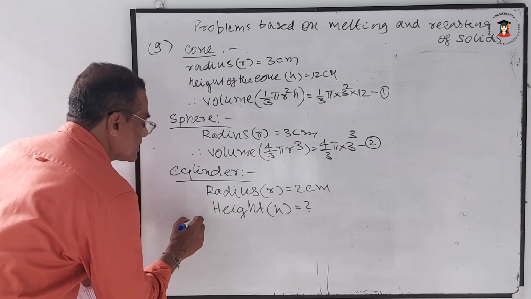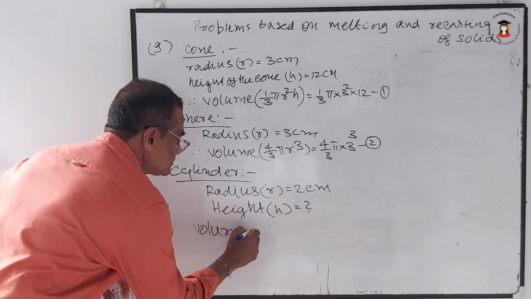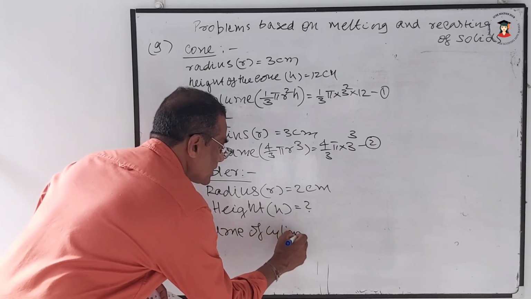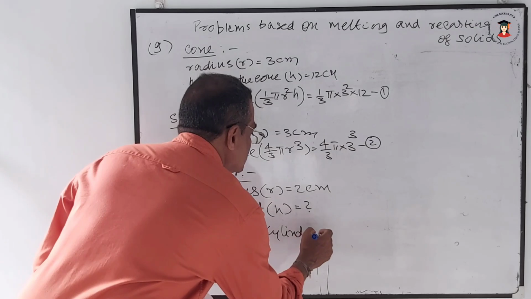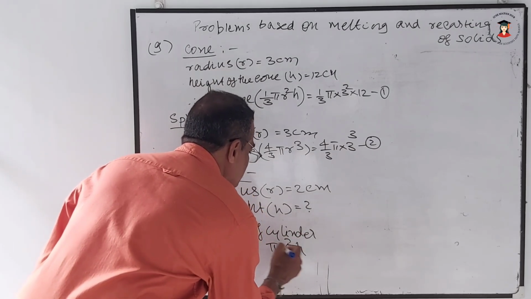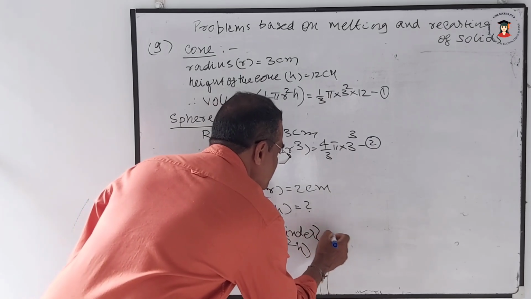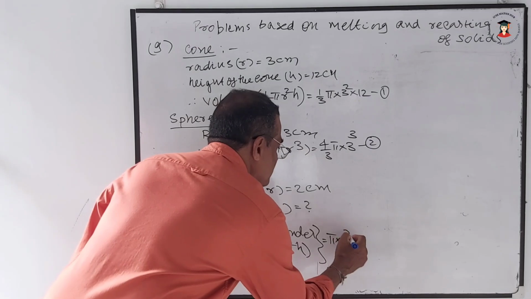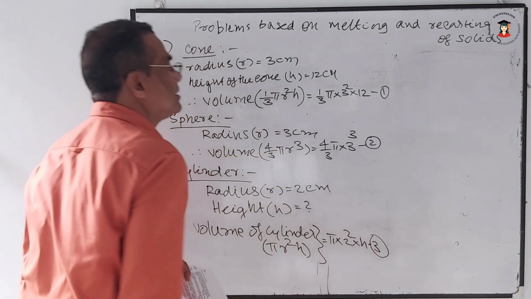Next is volume of cylinder. Volume of cylinder, the equation is pi r square h. That is equal to pi into r is 2, so 2 square, and h we do not know. Say this is equation number 3.